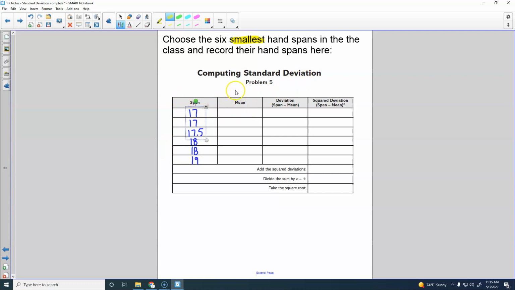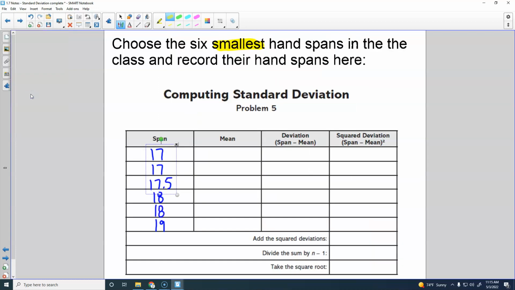So we have to do standard deviation so you get an idea of what this is. Standard deviation is going to tell you how far away your data is from the average. So we're going to find the mean of these 6 numbers. Okay, so everybody with your calculator, I want you to find the mean of these 6 numbers here. Yeah, mean is your average, yes.